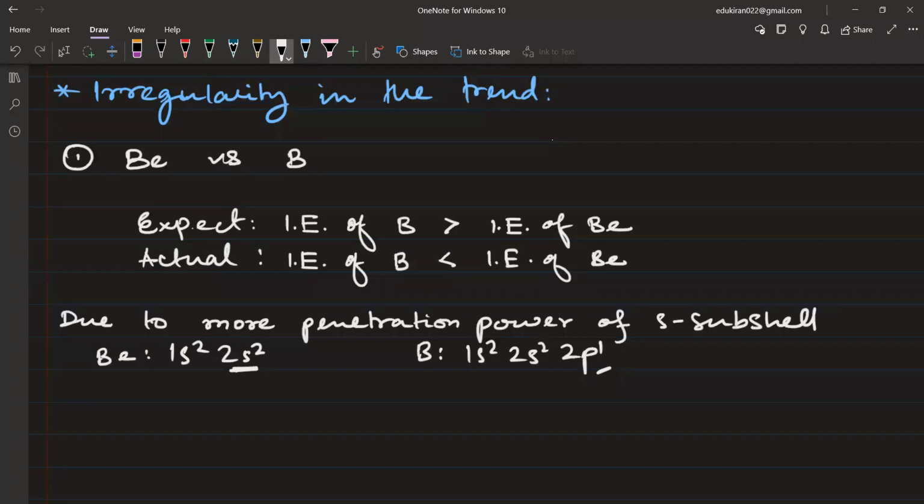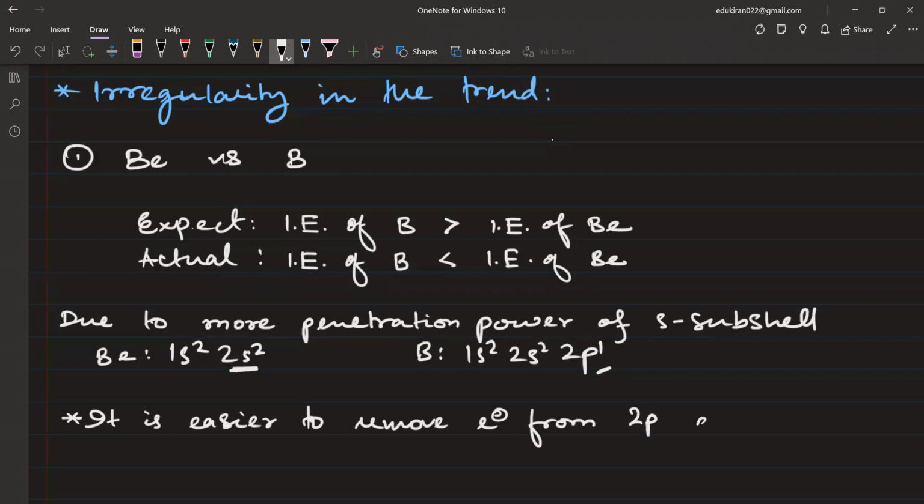Okay, so please write. It is easier to remove electron from 2p as it is more diffused and away from nucleus.